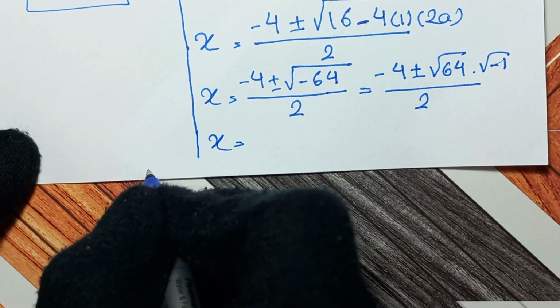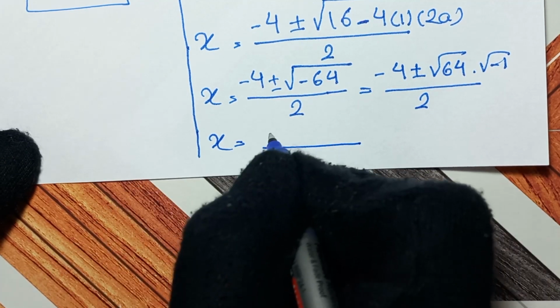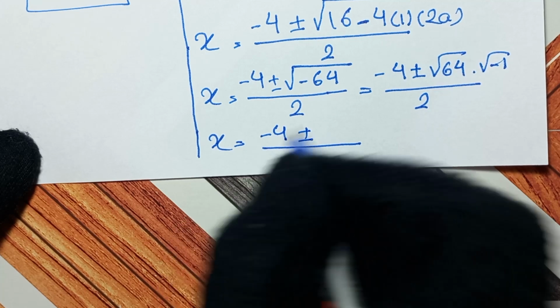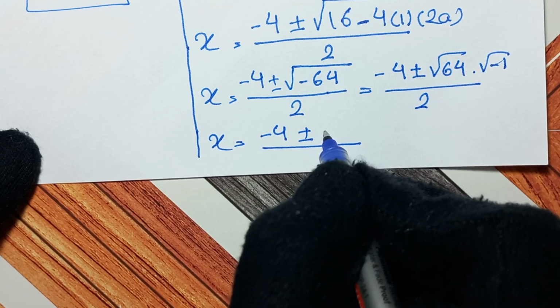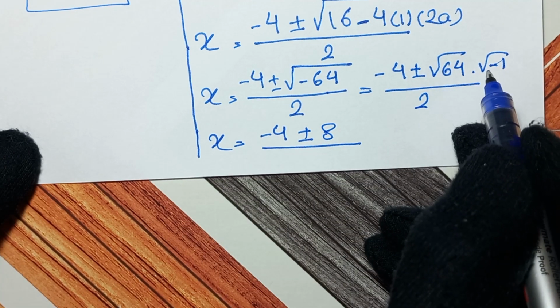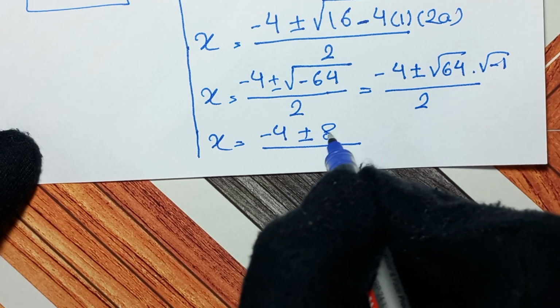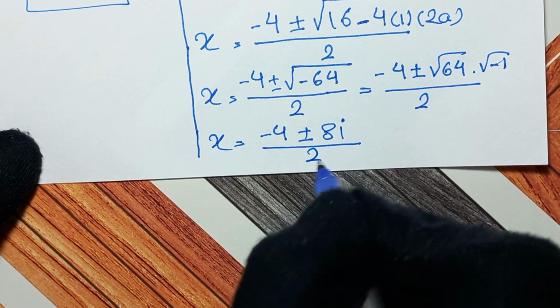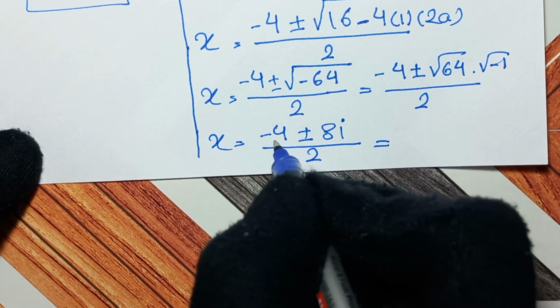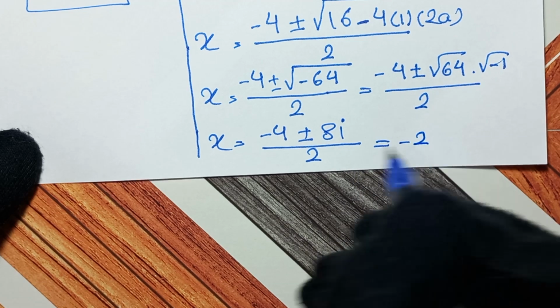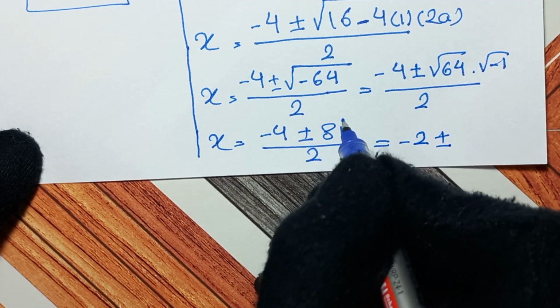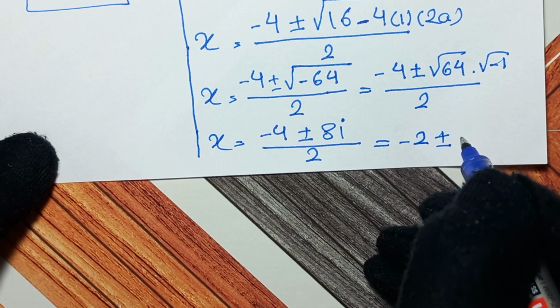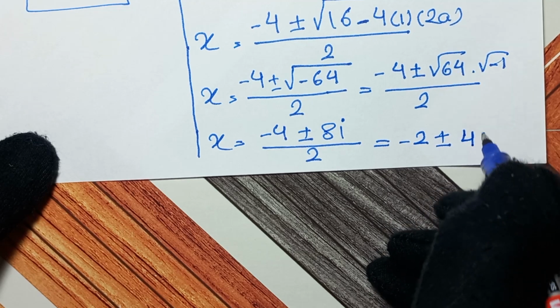So here x is equal to negative 4 plus or minus the square root of 64 is 8, and the square root of negative 1 is i, so it will be 8i over 2, and negative 4 over 2 is negative 2, and plus or minus 8i over 2, it will be 4i.